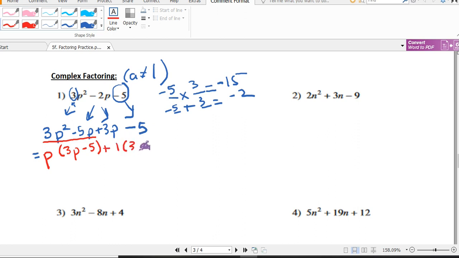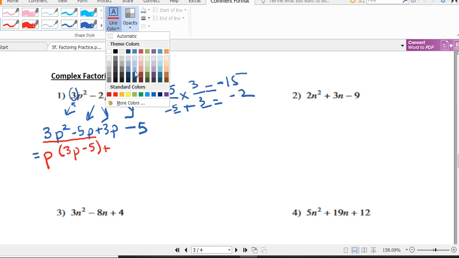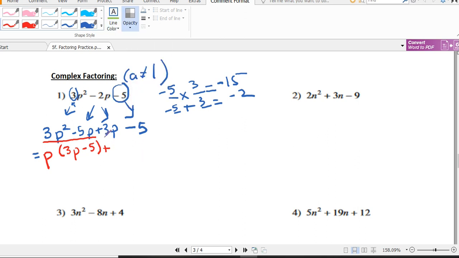So I'm just left with 3p minus 5. If I common factor here, what can I take out of that? A 1. So just 3p minus 5.